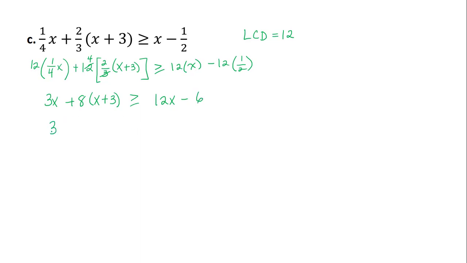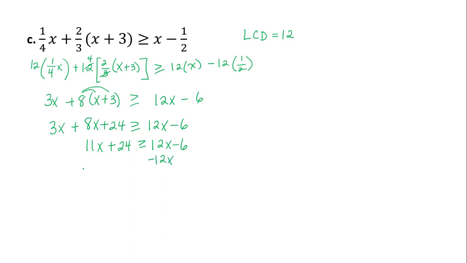So we have 3x plus 8x plus 24 is greater than or equal to 12x minus 6. Combining like terms gives us 11x plus 24 is greater than or equal to 12x minus 6.